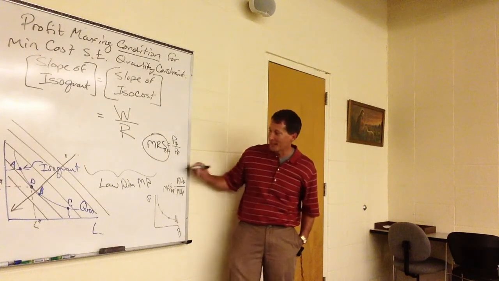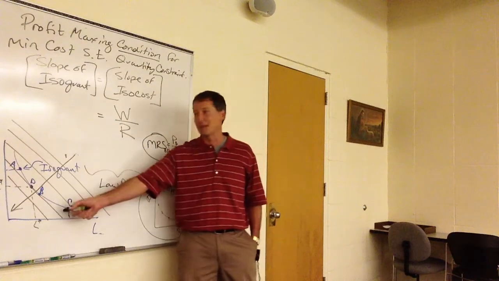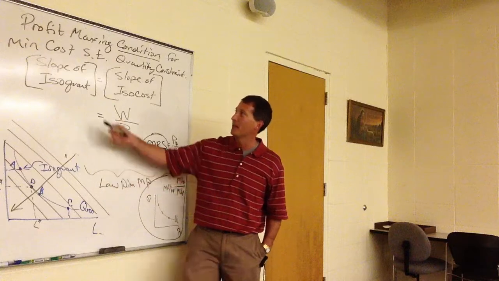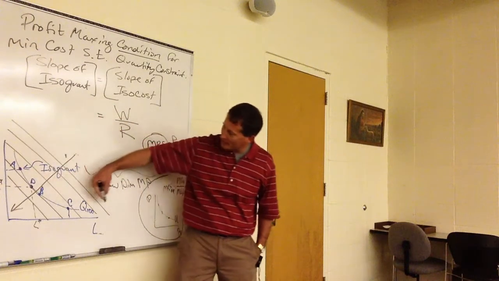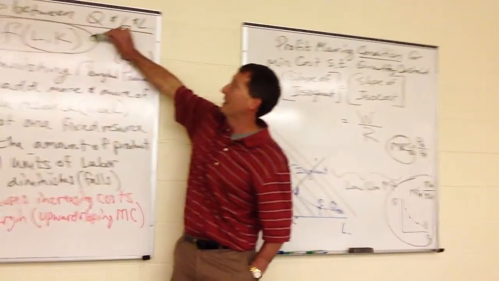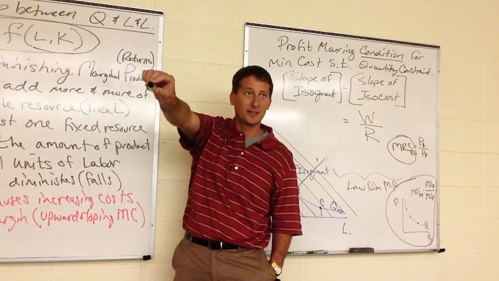Now, I was trying to give you something simple so that you could tie this back to something a little bit more unknown at this point, because we just haven't covered it. The slope of the isoquant. What do you figure that is? If this is the marginal what? Marginal product. Good.